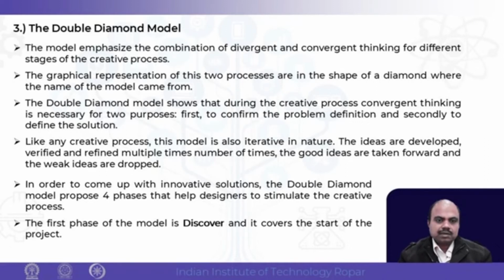So convergent thinking is necessary for two purposes: first, to confirm the problem definition, and secondly, to define the problem. And likewise, the creative process is iterative in nature, ideas are developed, and there are various ways in which we can generate and think about ideas. So in order to come up with an innovative solution, the double diamond method proposes 4 phases that help designers to simulate and create the creative process.